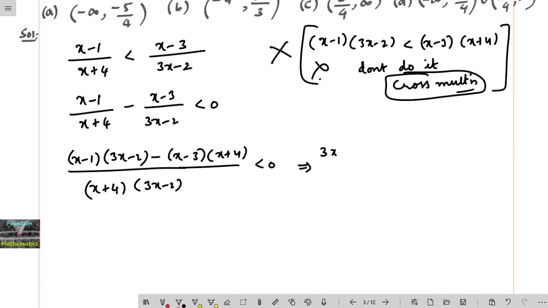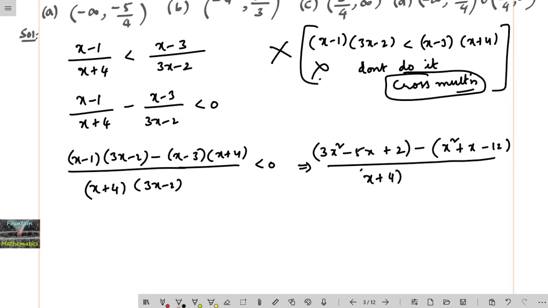Simplifying the numerator part, we get 3x square minus 3x minus 2x, that is minus 5x, plus 2, minus of x square minus 3x plus 4x plus x minus 12, upon x plus 4 into 3x minus 2 is less than 0.